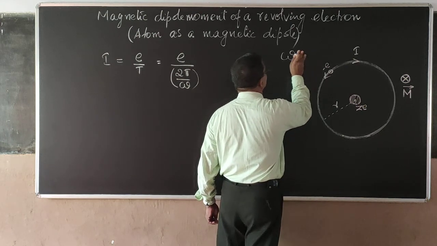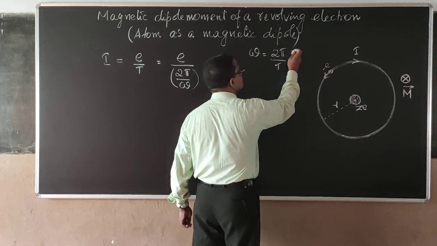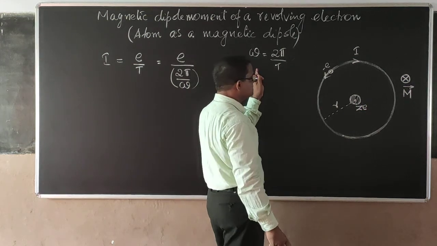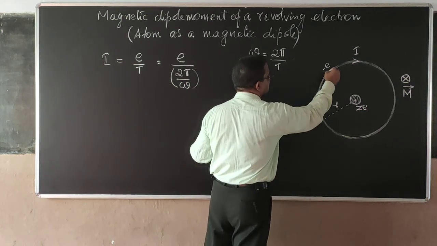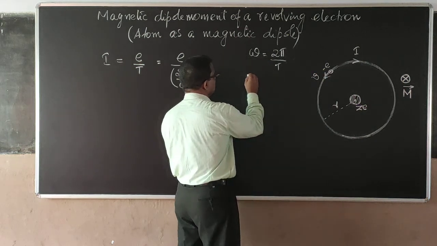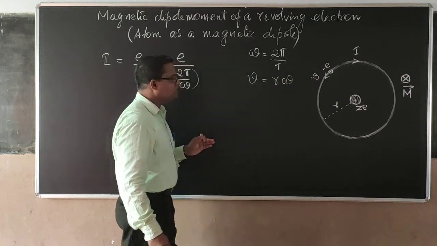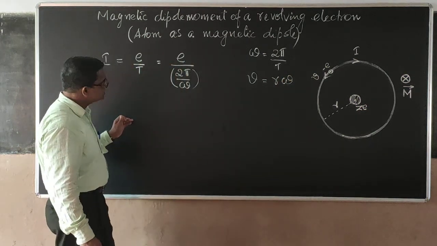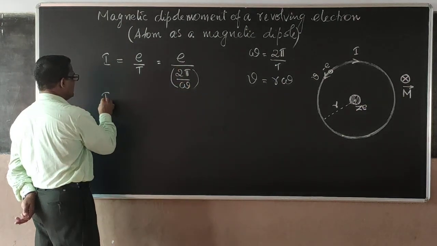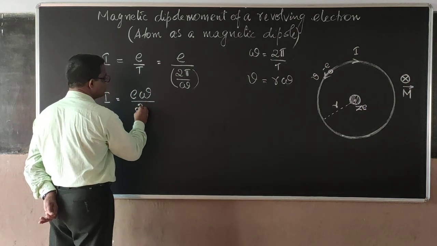That will be omega equal to 2 pi by T, and as it is moving around with a definite angular velocity, it must be having a linear velocity along this direction, let it be v. That v will be equal to r omega. These are all the basic things relating to this, and therefore now you can find that current I is equal to e omega divided by 2 pi.